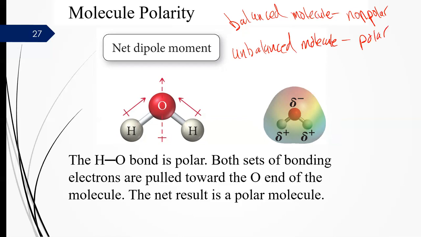Now, water looks in many ways similar to carbon dioxide. We have a pole of that oxygen and that hydrogen, and we have two of them, and they look like they're working against each other. So this hydrogen and this oxygen bond is polar. So is this one here. Now, both of them are kind of pushing inward.